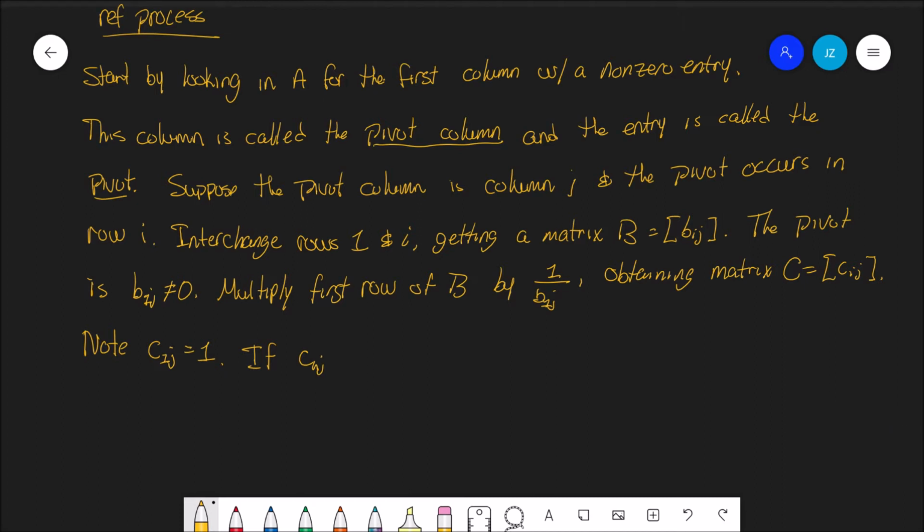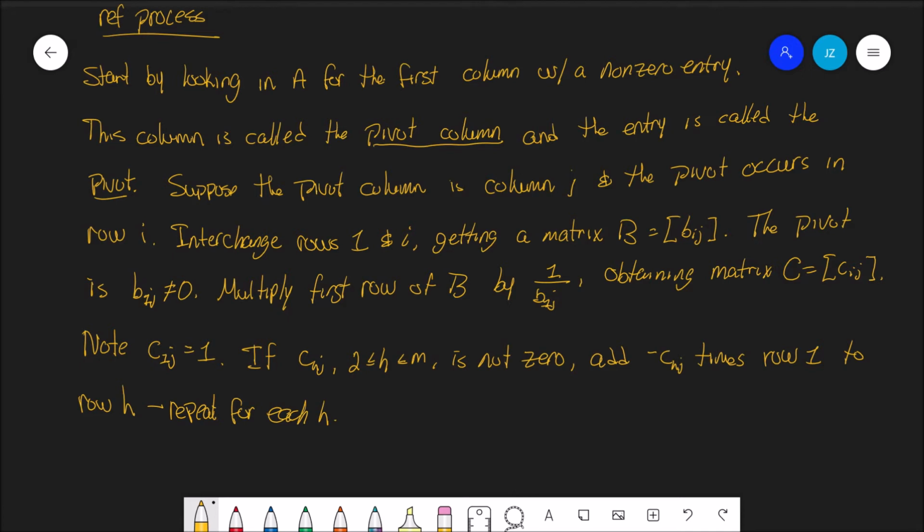If CHJ, for 2 less than or equal to H less than or equal to M, is not 0, we're going to add negative CHJ times row 1 to row H. And we repeat for each H. It now follows that the elements in column J in rows 2 through M are 0. We're going to denote this matrix D.